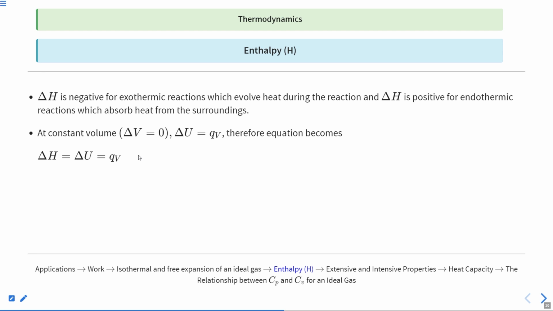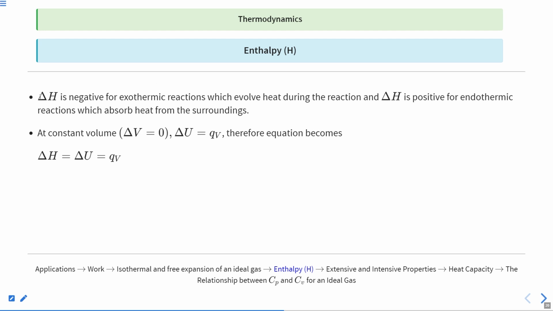Now again we are taking a different scenario. If you are taking QV, then we can write delta U is equal to QV, because we know that at constant volume this holds. Delta H is negative for an exothermic process and positive for an endothermic process. This is very important.